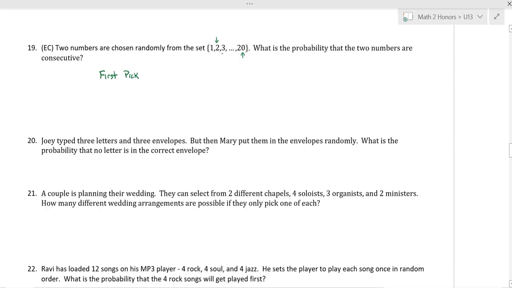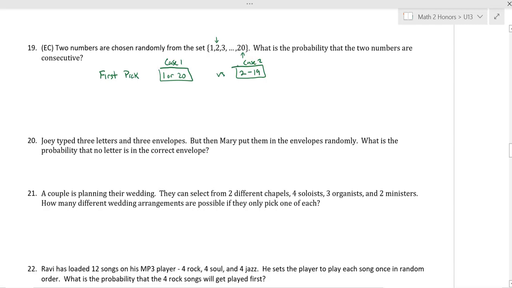So for your first pick, it's going to matter if you pick a 1 or 20 versus a number from 2 to 19. So I'm separating those 2 cases. Case 1 and case 2 for your first pick.